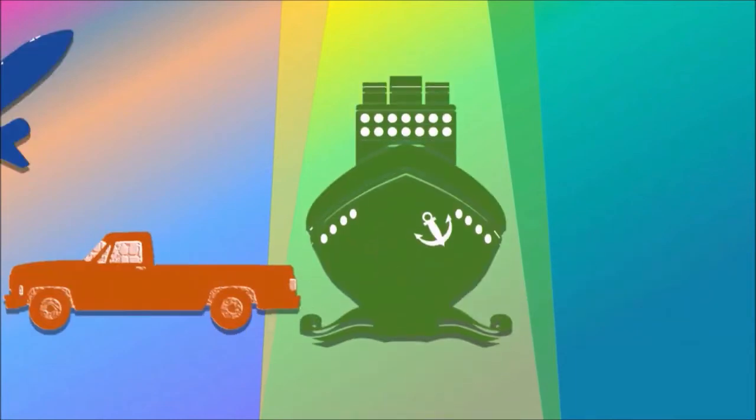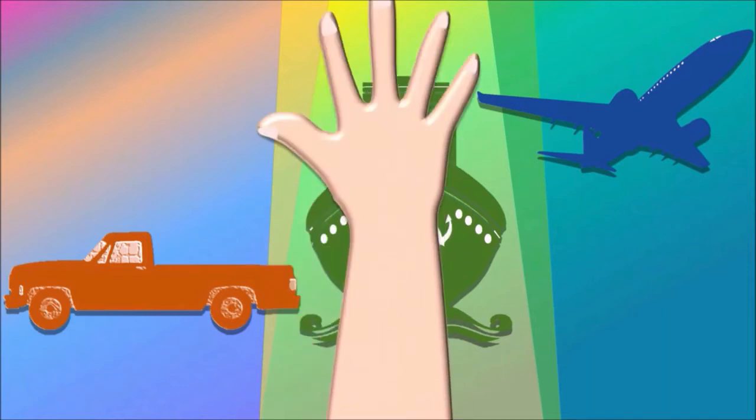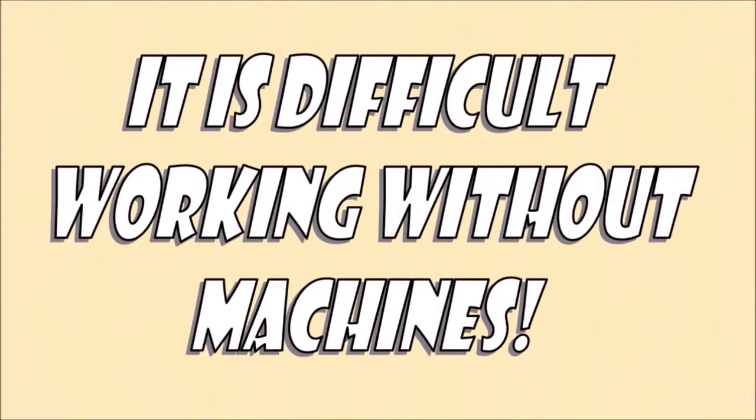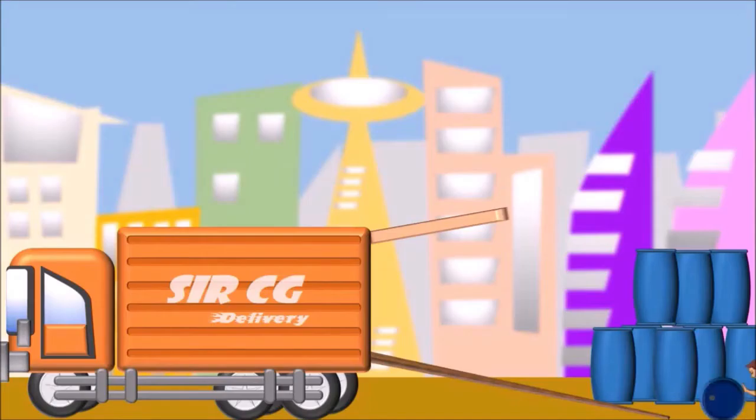Cars, ships, and airplanes use machines to transport people and goods over great distances. It is difficult working without machines. Machines, whether it is powered by engine or powered by people, it always make working tasks easier.